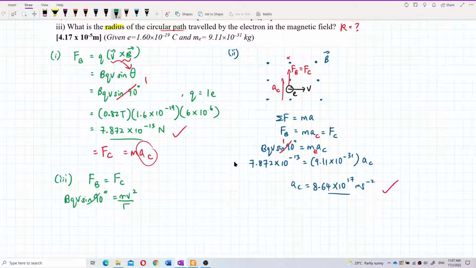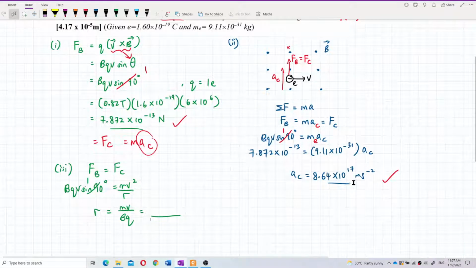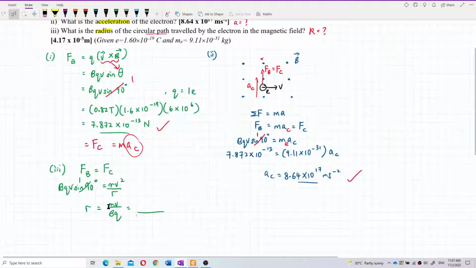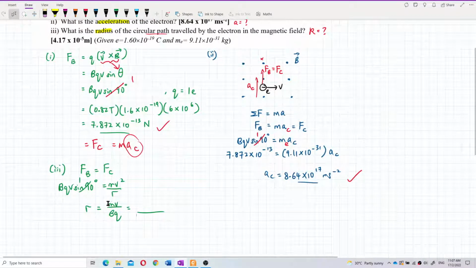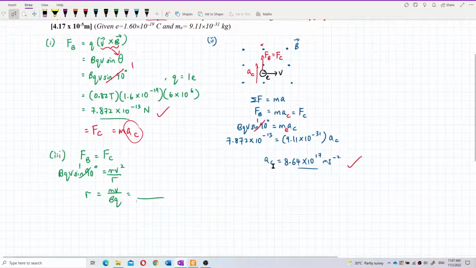Sine 90 is equal to 1. In the end, you get mv over bq: mass of electron, velocity, magnetic field, charge of electron. Or since you already got the centripetal acceleration, you can just do it from here.